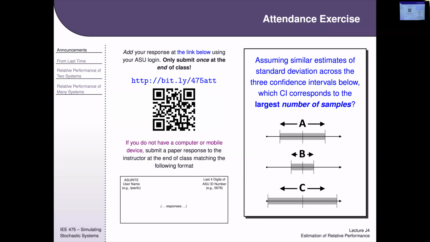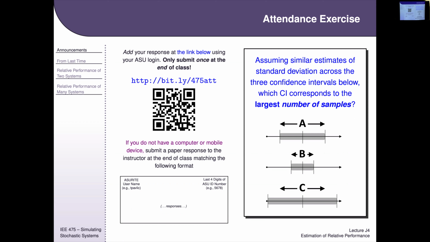All right, so another one here. Let's do the second attendance exercise. The question here is, assuming we have similar estimates of standard deviation from a population across these three intervals, so all these intervals were calculated with the same estimate of standard deviation, which of the three intervals corresponds to the largest number of samples?